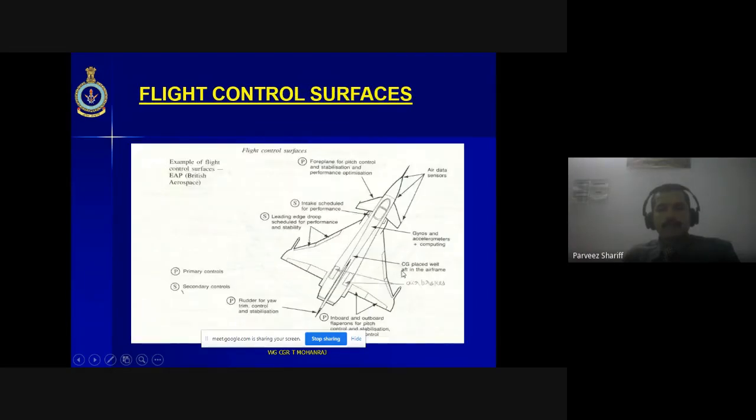Now let us talk about the advanced aircraft a little bit. So what are these? The small wing kind of structure. Can anybody tell me? Which is at the front, near the cockpit. Can any cadet point out?